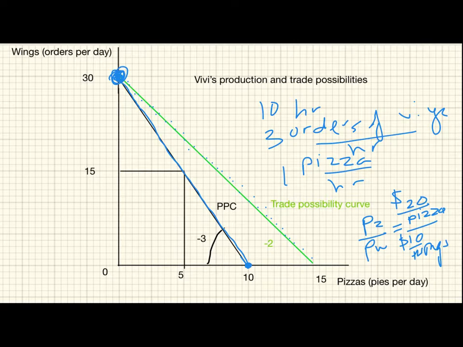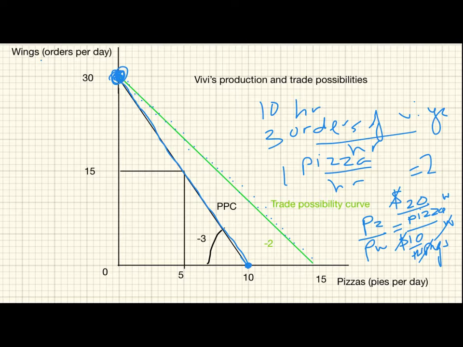And notice that relative price is equal to 2, and we better check the units. The dollar in the numerator cancels with the dollar in the denominator, and then if we multiply both the numerator and the denominator by orders of wings, the denominator goes to 1, and we have wings over pizza.